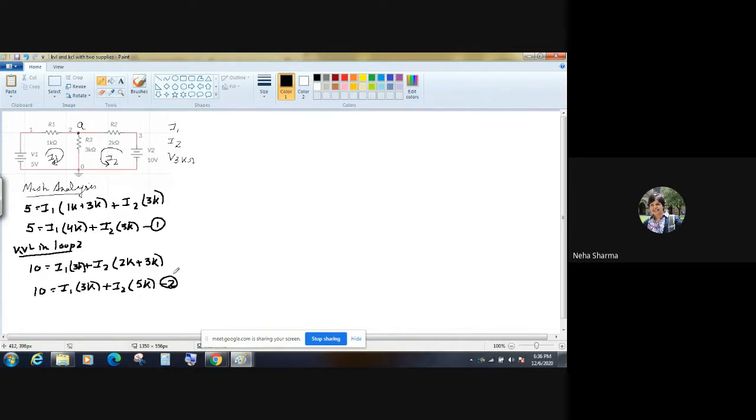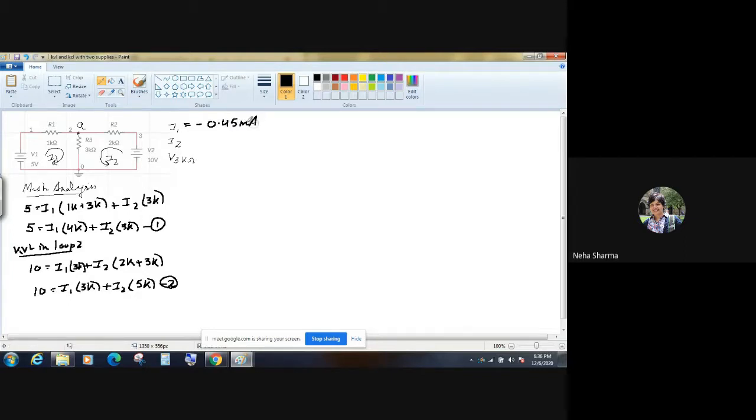Now I have two equations, equation 1 and 2, and there are two unknowns, capital I1 and capital I2. If I solve for capital I1 and capital I2, then capital I1, which is the mesh current flowing in the first loop, should come up as negative 0.45 milliamps.